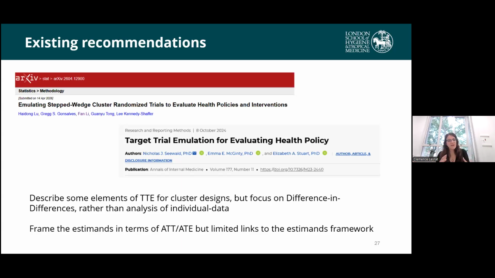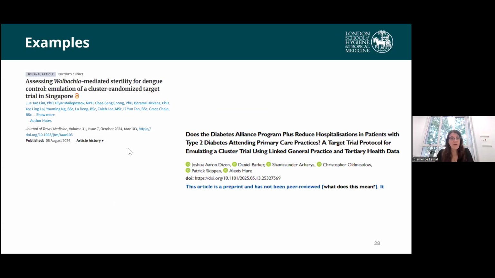In these two papers, they frame the estimand in terms of the average treatment effect on the treated, but there are limited links to the estimand frameworks and the methods. So that's why I think there is more to do in this area. There are also a few examples of papers that use target trial emulation.